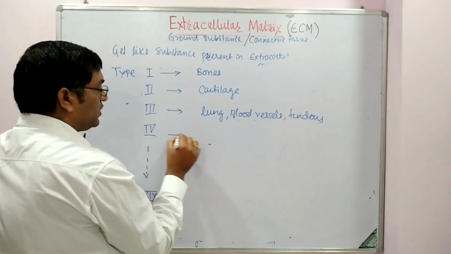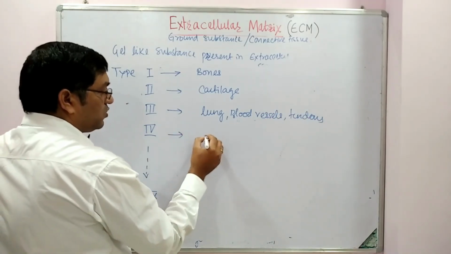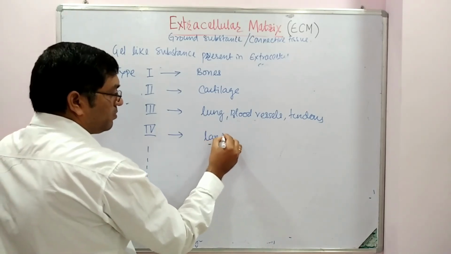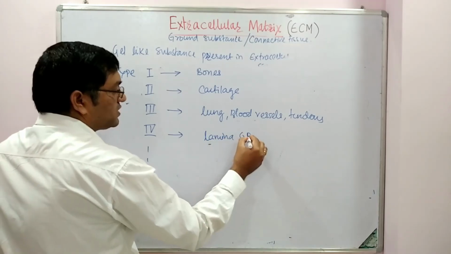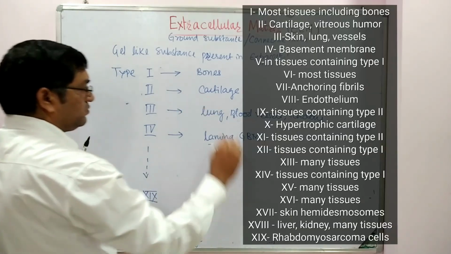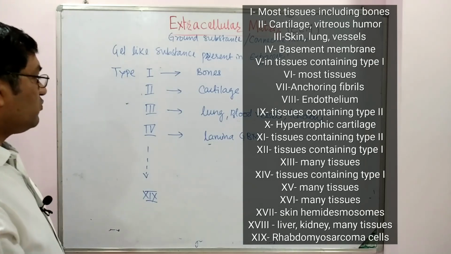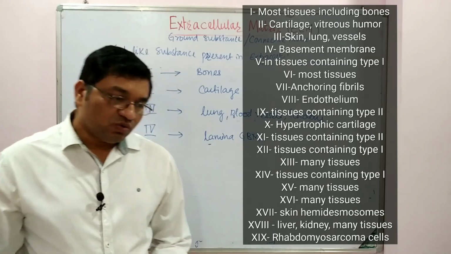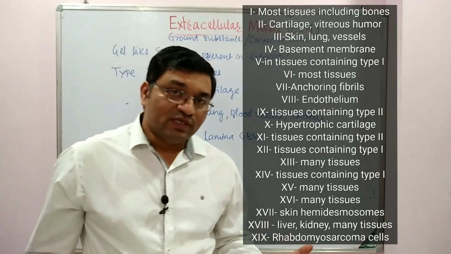And type 4 is present in the lamina of the glomerular basement membrane. So these are the four main types of collagen.